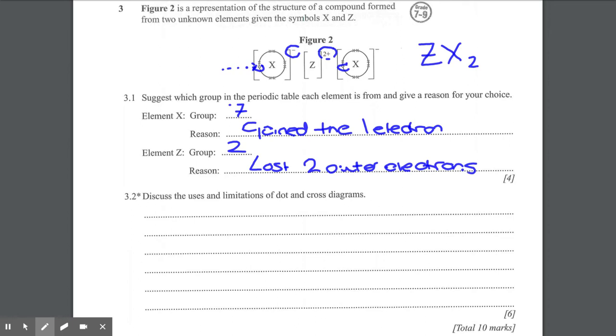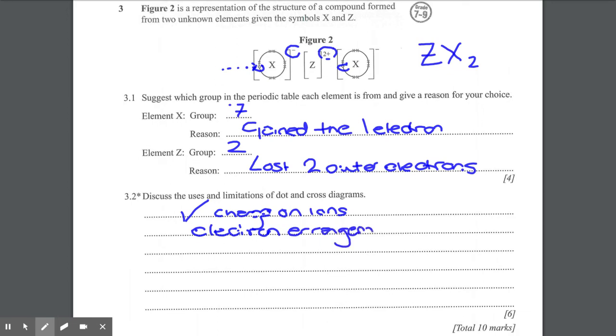On the grand scheme of it, they're quite good in giving you identification of ideas about what's occurred. Some ways in which they are good is that they tell you, obviously, the charge on the ion. So you can see the charge on the ions. You can see the electron arrangements very clearly. I mean, that is what it's ultimately designed for.